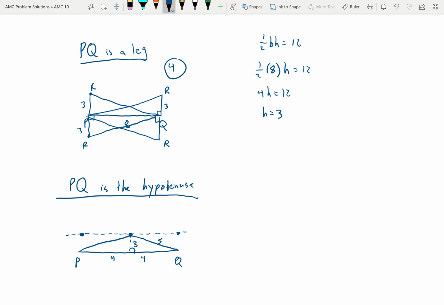I know if those 2 side lengths were the same, then those 2 would be 45-degree angles. However, since they're different, and this angle is across from the longer leg there, I know that this angle has to be greater than 45. And same with right here.